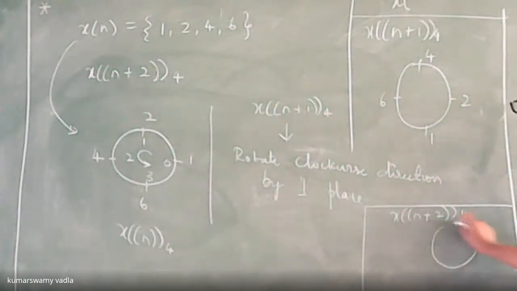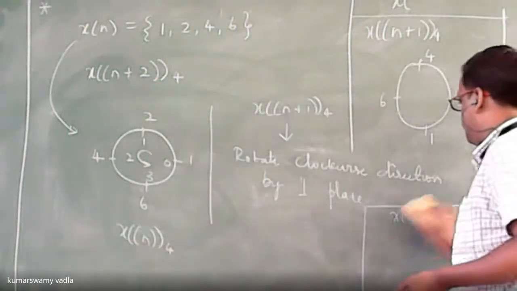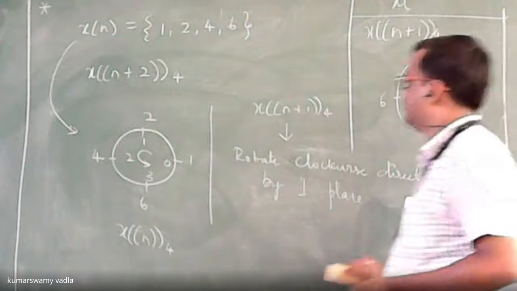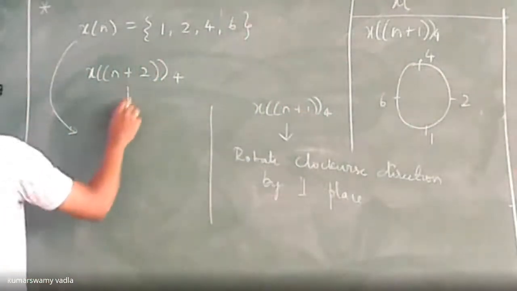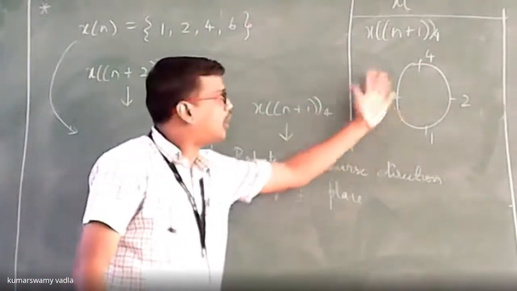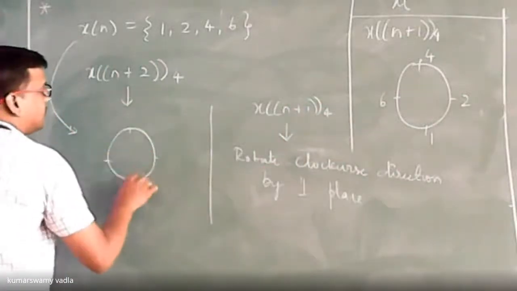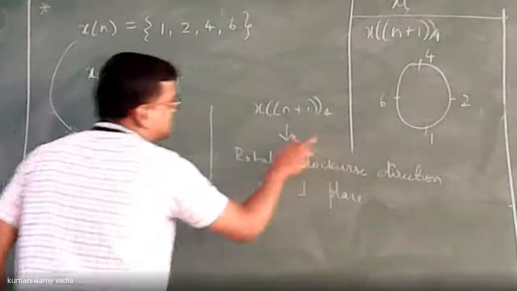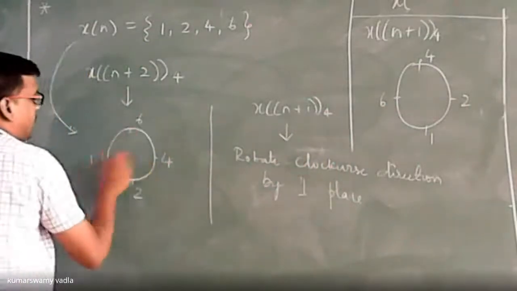Let me redraw it here. Directly drawing x of n plus 2, you rotate this clockwise by one more position. What do you get here, students? Clockwise means 2, 4, 6 and 1.